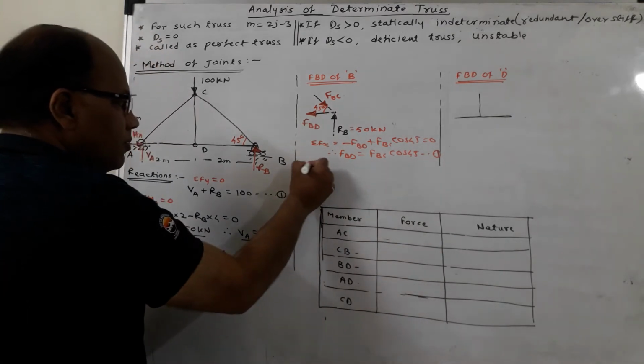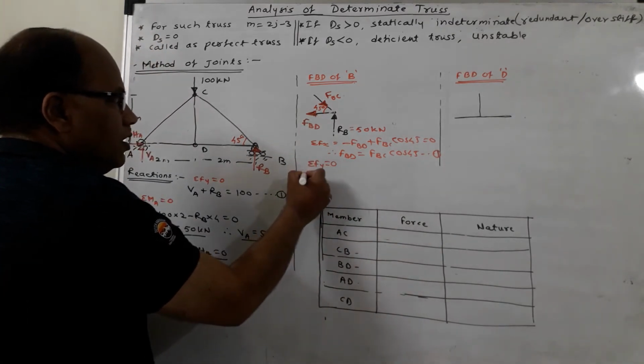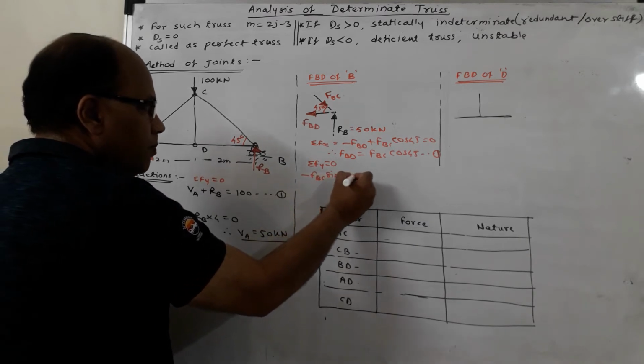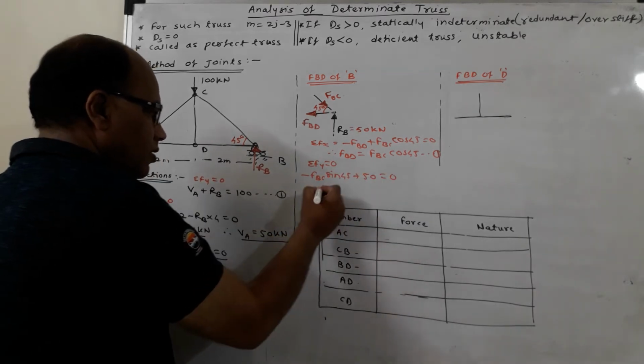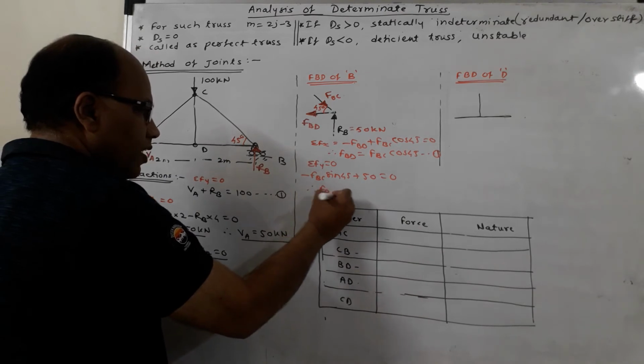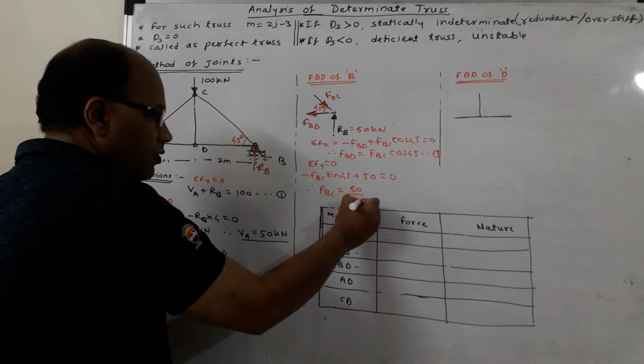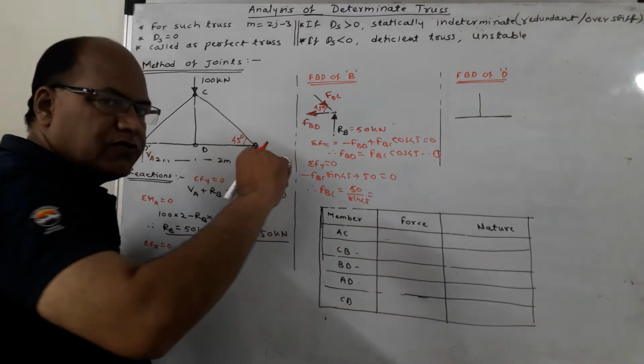And if I use summation Fy is equal to 0, it will be minus FBC sin of 45 plus 50 is equal to 0, and therefore FBC is equal to 50 divided by sin of 45, and we know that sin of 45 is 1 upon root 2.